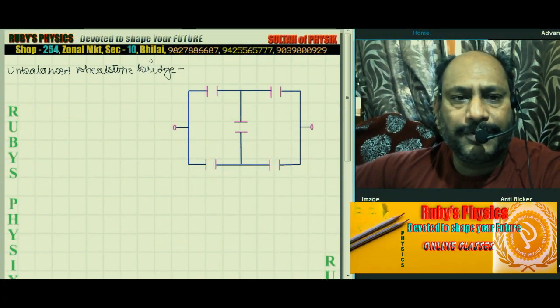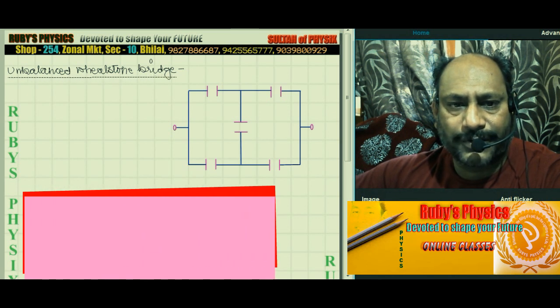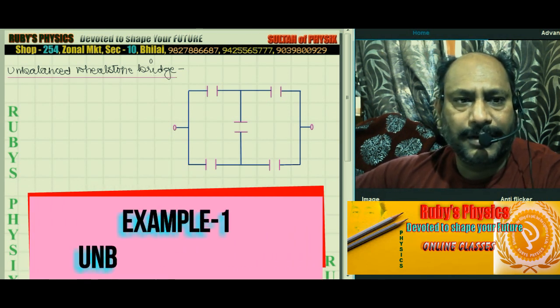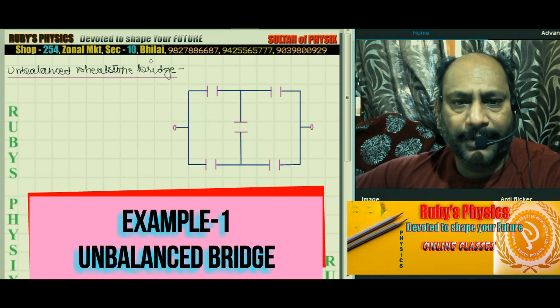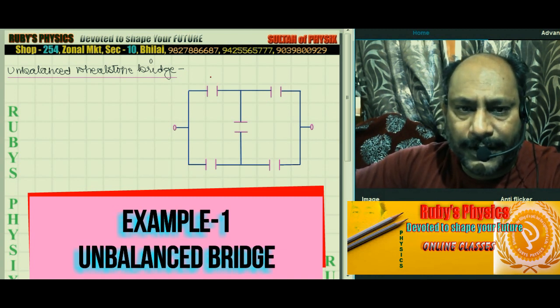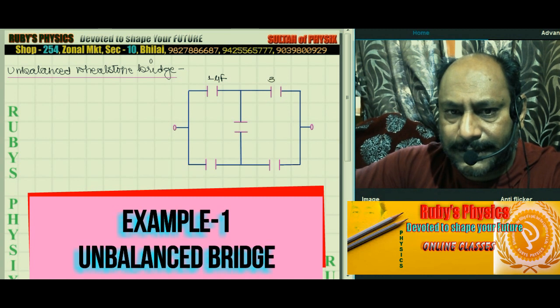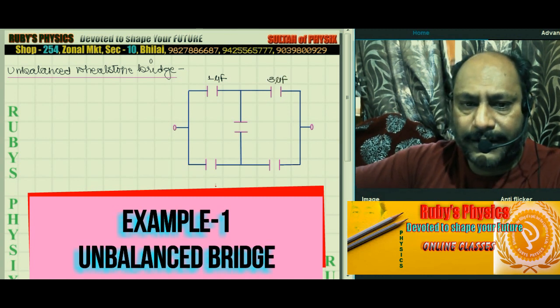Let us learn. Now we are going to study this unbalanced Wheatstone bridge, in which I have taken an example in front of you, and the capacitors have these values. This is 1 microfarad, this is 3 microfarad.